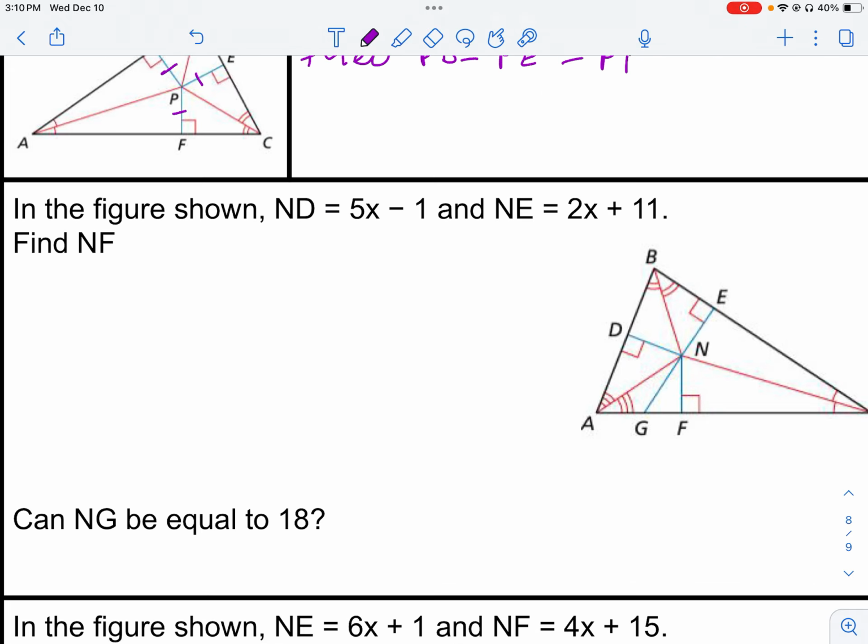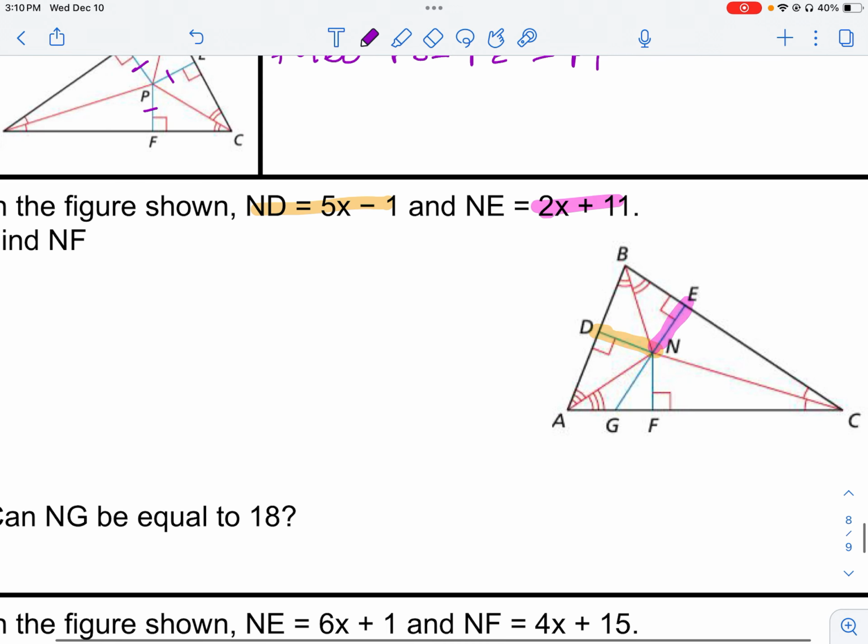Well, in the figure we have here, ND is 5x minus 1. NE is 2x plus 11. Here we've got all the angles cut in half, so point N is an incenter.